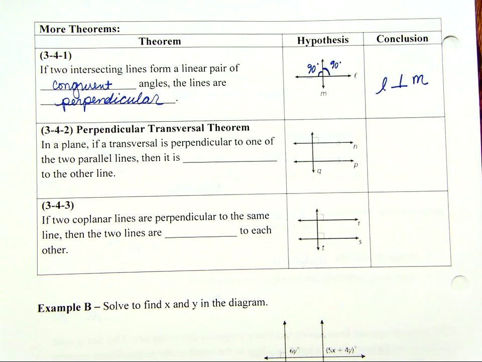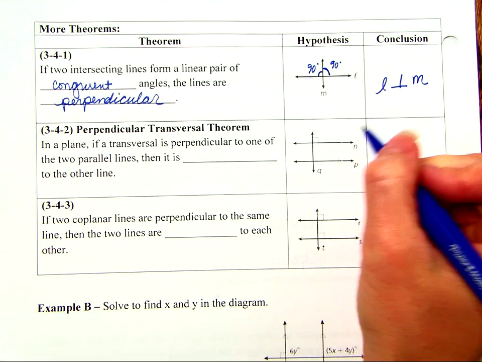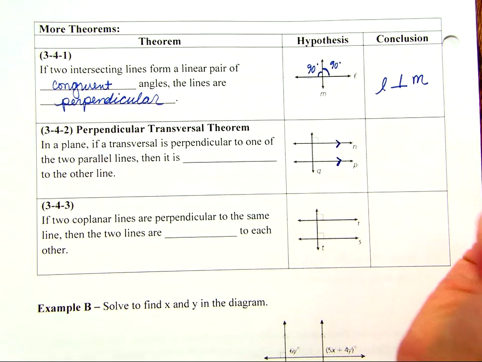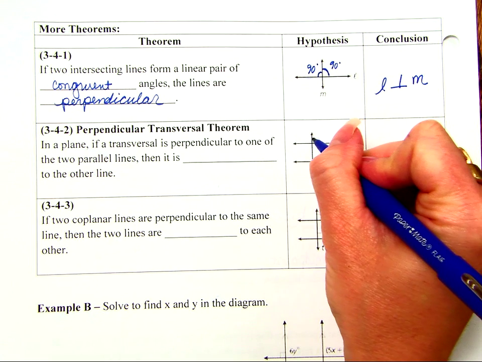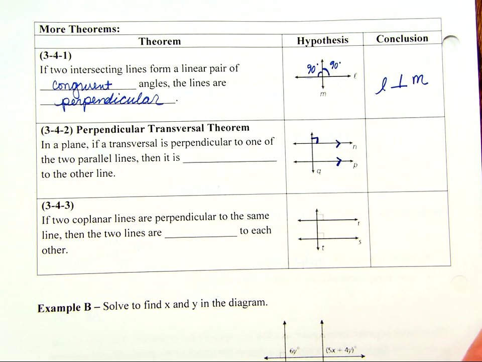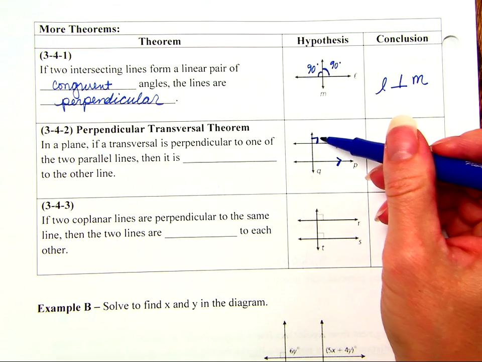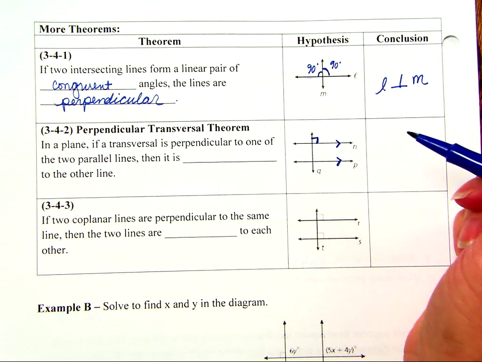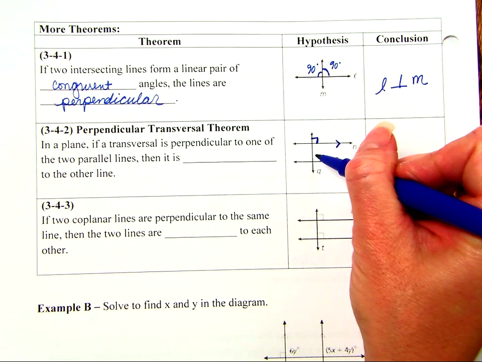In the second picture, I have line N and P that are parallel, and I have line N and Q that are perpendicular. Well, what is going to be true if this angle is 90 degrees? Would you agree with my parallel lines and corresponding angles?